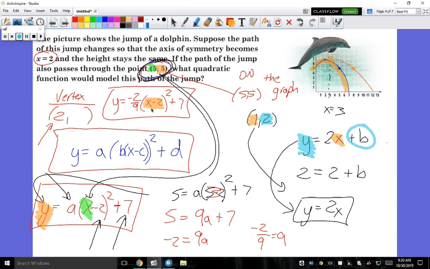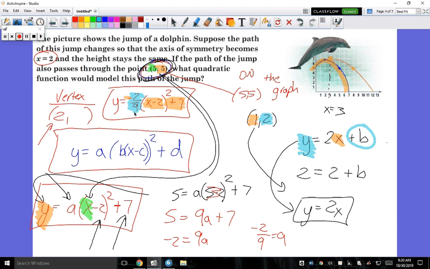Yeah, it was shifted 2 to the right. Does it look like it was shifted 7 up? Yeah. And it also looks like it was reflected across what? The x-axis. And last but not least, what happened to the graph? It was vertically what? Compressed by a factor of 2/9. You with me?